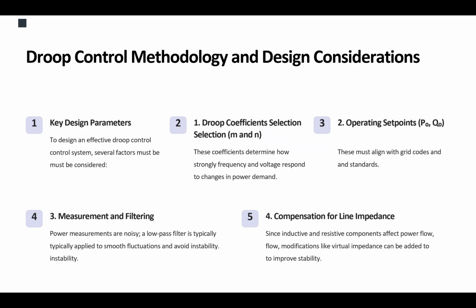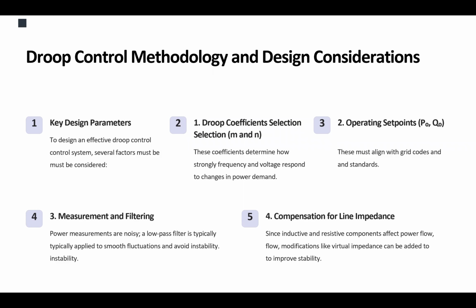Next is the operating set point. You have standards and regulations for active power, reactive power, voltage, and frequency. So we have to know what the set points are based on the level of the voltage, whether you want to connect to the low voltage network, medium voltage network, or a high voltage network.